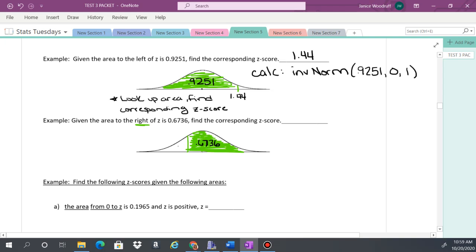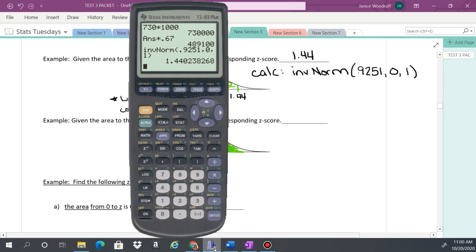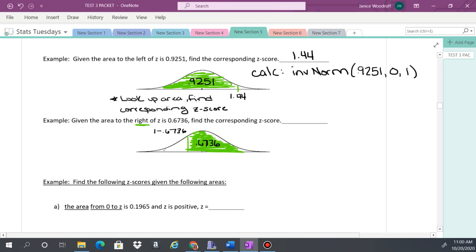But in order to find the z-score, we have to find the area to the left. To find the area to the left, I have to subtract from 1. So I'm going to do 1 minus 0.6736 to give me that part, so 0.3264. So the area to the left of this z-score is 0.3264.